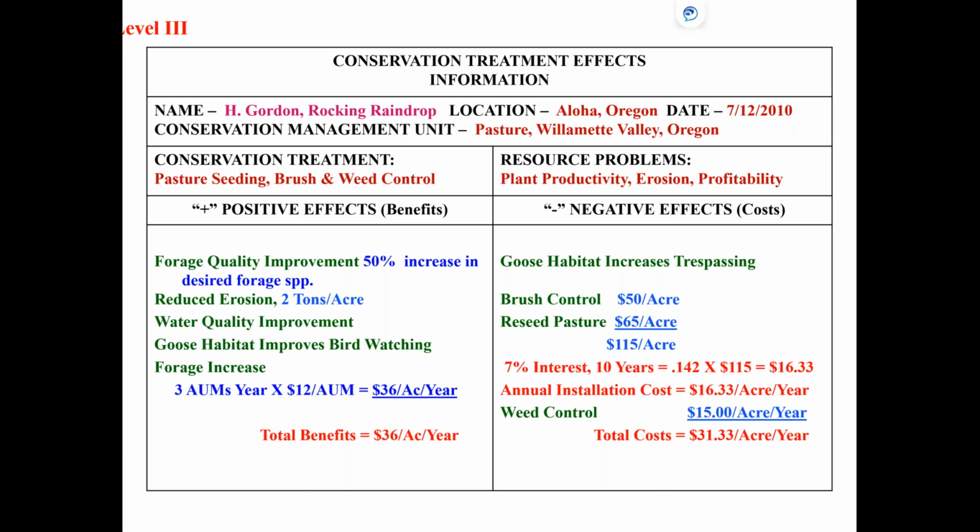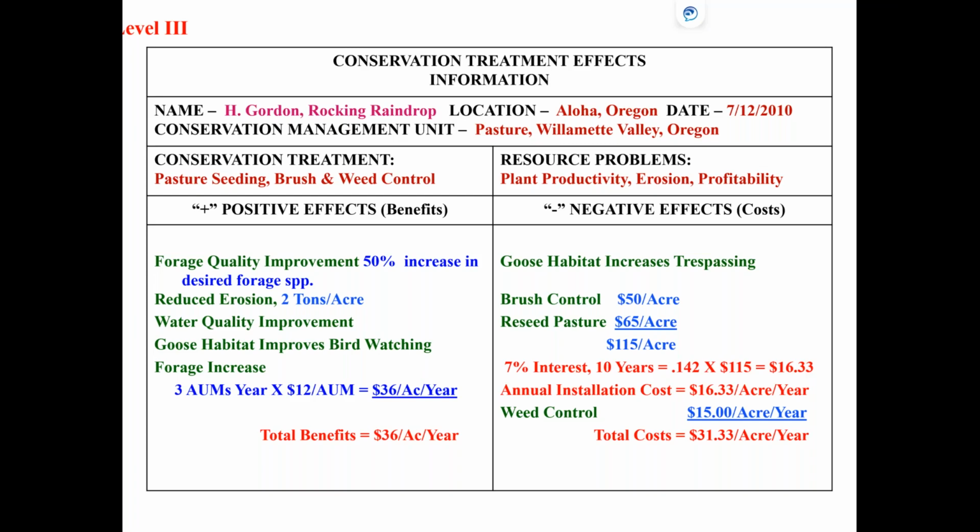You're going to have a factor of 0.142 times $115. That means it's going to cost about $16.33 a year per acre. Okay, so the annual installation cost is $16.33.